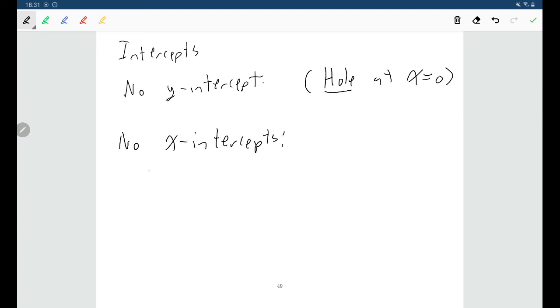That's because if you tried to let your function be equal to 0, you would find that there's no solutions. Because remember that a fraction is only equal to 0 when the numerator is equal to 0, and the numerator here is always 1, it's never equal to 0. So that means there's no x-intercepts, so we have no extra points to plot.